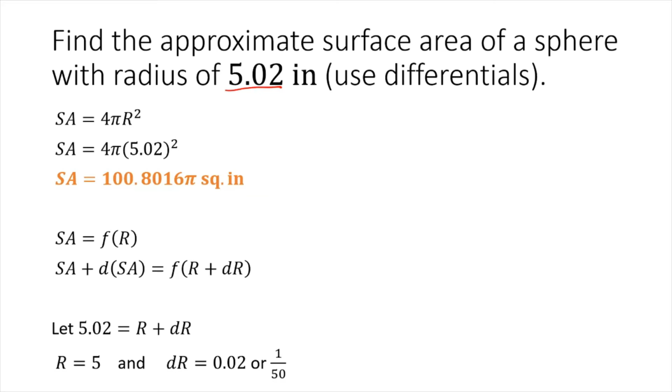Then going back to the formula for SA, or the surface area of a sphere, we have here SA equals 4 pi r squared, and then taking the differential of SA, all right, that's dSA.